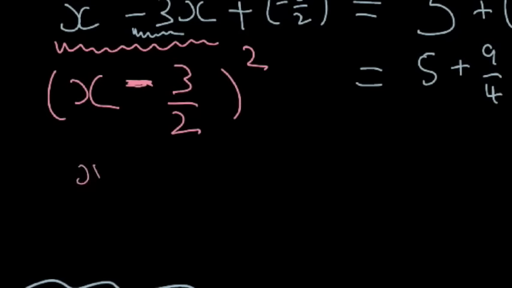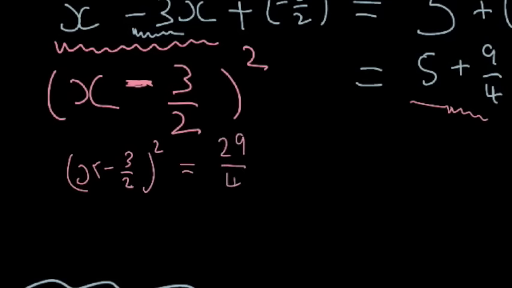x minus 3 over 2 squared. And what's more, I'm actually going to write, this was 7 1/4 over here on this side. So 5 plus 2 1/4 is going to be 7 1/4. And 7 1/4 can actually be written as just 29 over 4. So let's try and get our answer now.